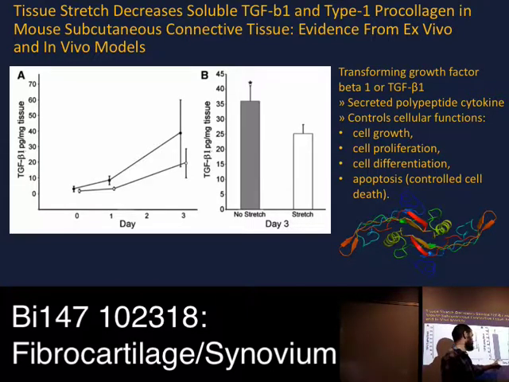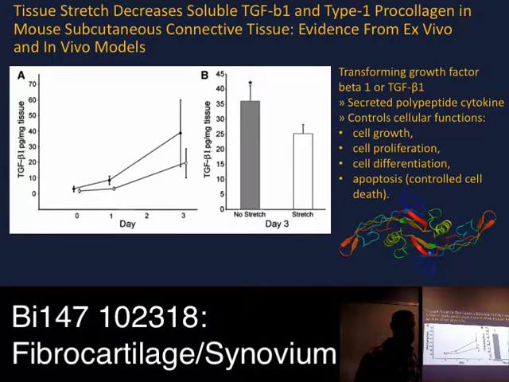And if there is no stretch in the mice, the value was really high compared to whether there was a stretch, day 3 after that injury. So there was a much higher incidence of this hormone that controls the production of all these different things, the cell growth, proliferation, etc.